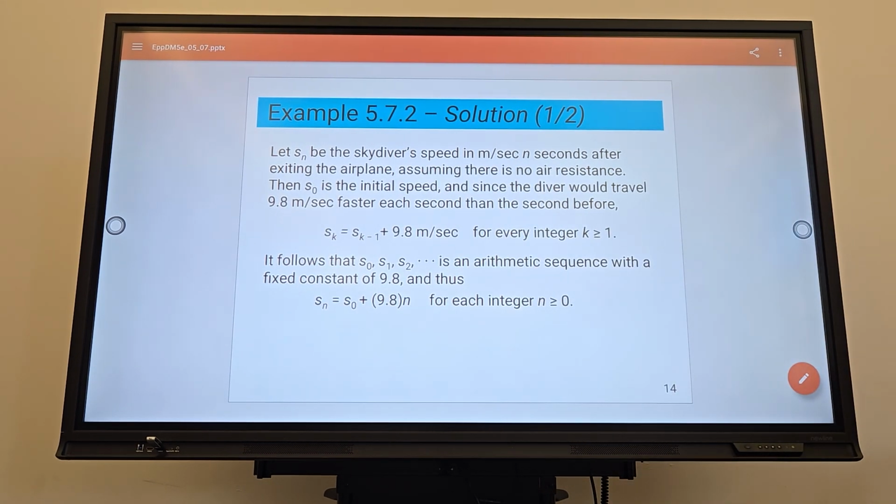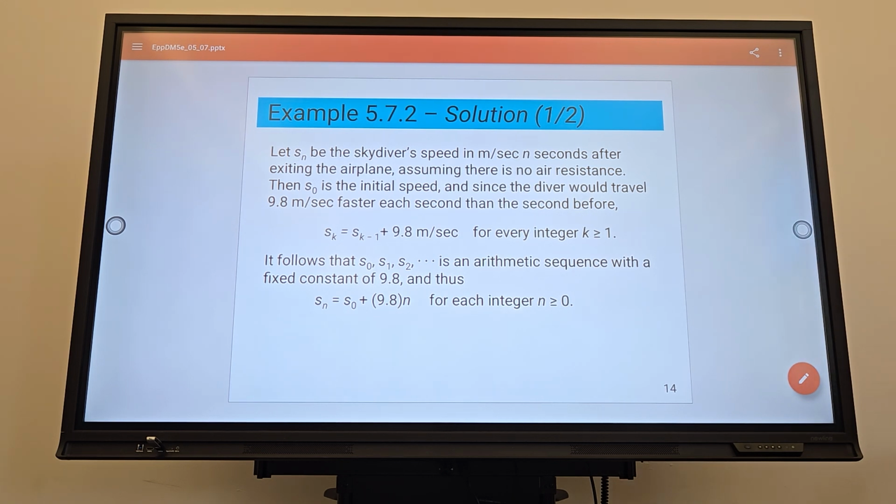Let S sub n be the skydiver's speed in meters per second, n seconds after exiting the airplane. Assuming there's no air resistance, then S sub 0 is the initial speed, and since the diver would travel 9.8 meters per second faster each second after than the second before, S sub k equals S sub k minus 1 plus 9.8 meters per second for every integer k greater than or equal to 1.